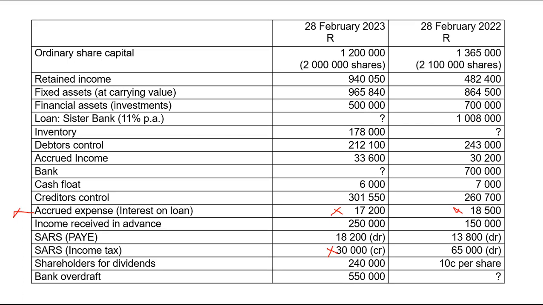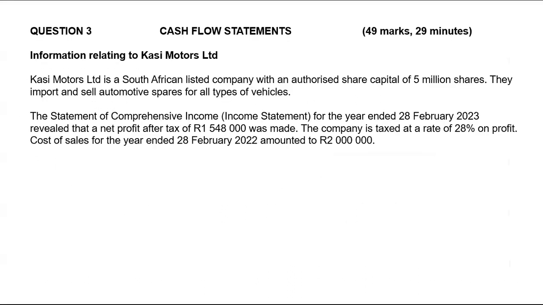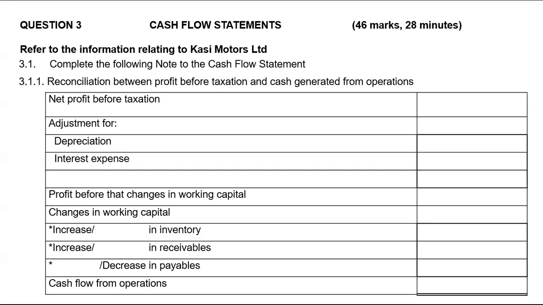So for us to calculate tax for this year, you will simply take the profit after tax. How much was profit after tax here? We calculated it at the beginning. So you'll take that profit after tax, which is 1,548,000, and subtract that from profit before tax, which we calculated here as well.